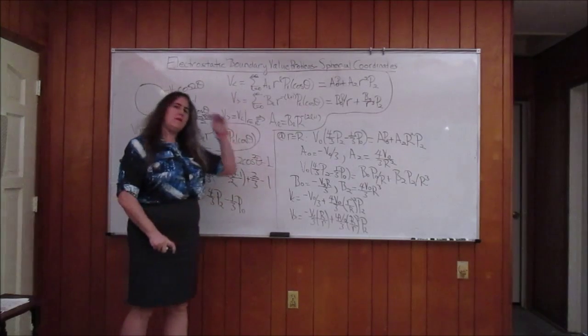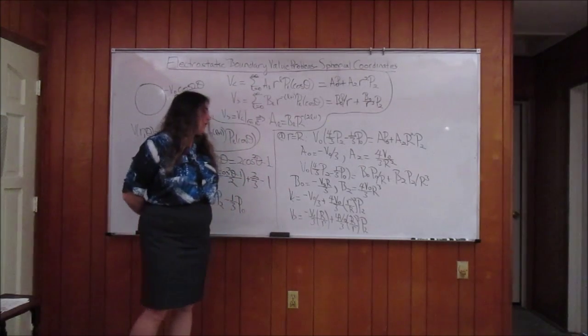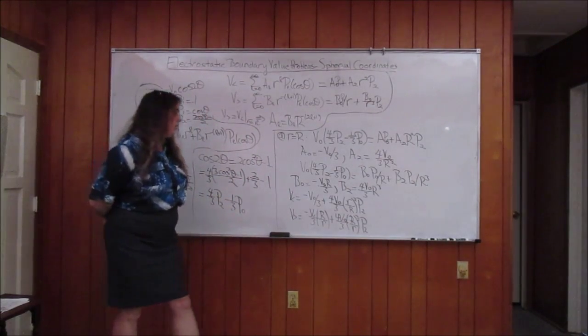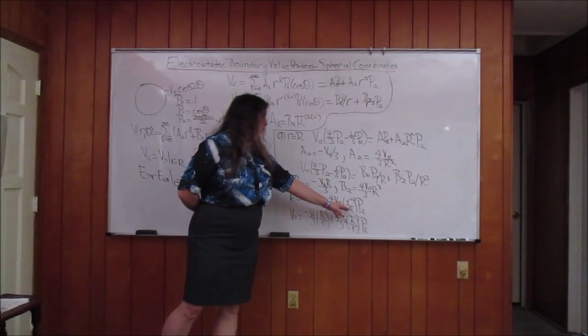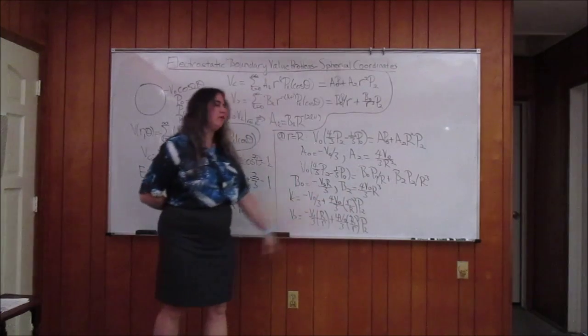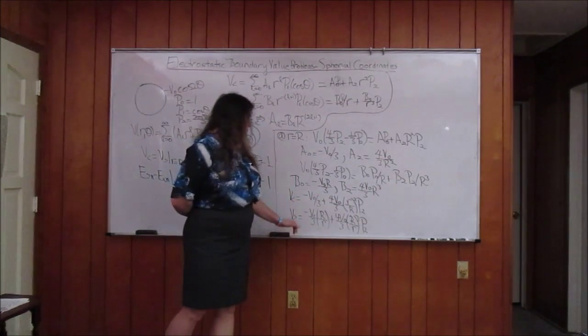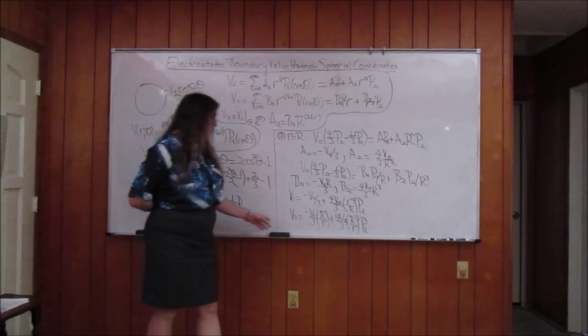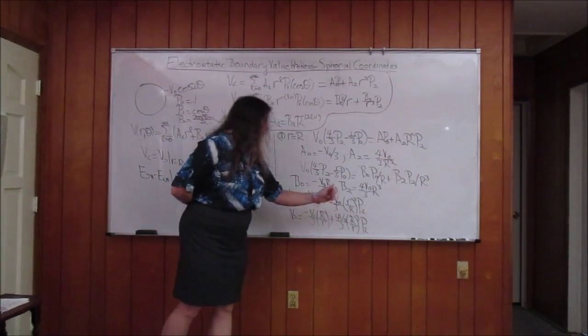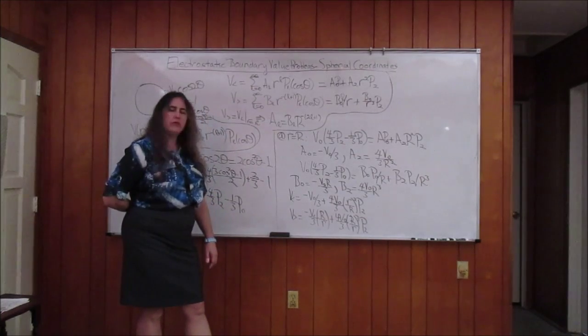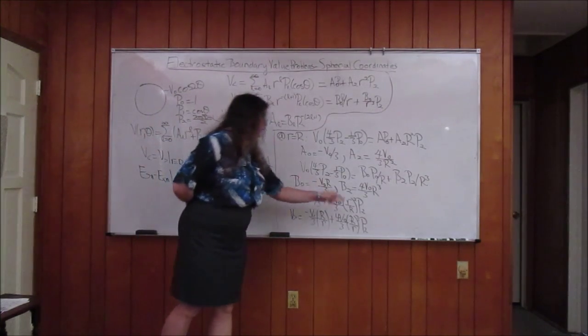Find your solution: the interior solution is equal to minus V naught over 3 plus 4/3 V naught, little r, the radius of the observation point, over the radius of the sphere squared, times P2. The exterior solution is equal to minus V naught over 3 times the radius of the sphere over little r, plus 4/3 V naught times the radius of the sphere over little r quantity cubed, times P2.